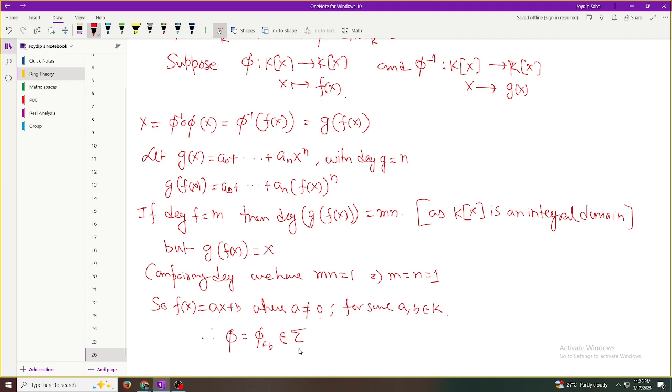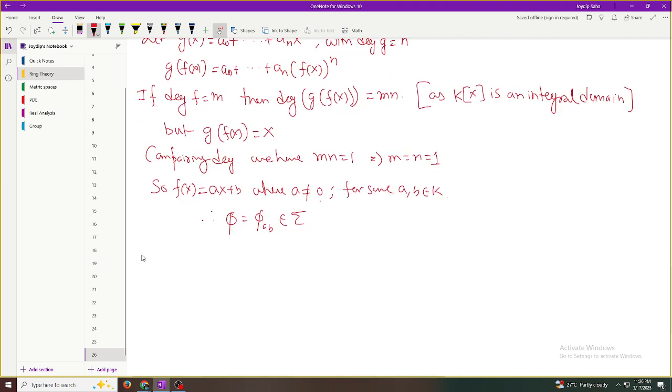So what? Therefore Aut k[x] is equal to sigma, equal to phi_{ab} such that a, b belong to k.